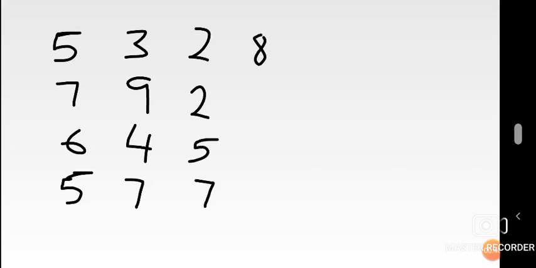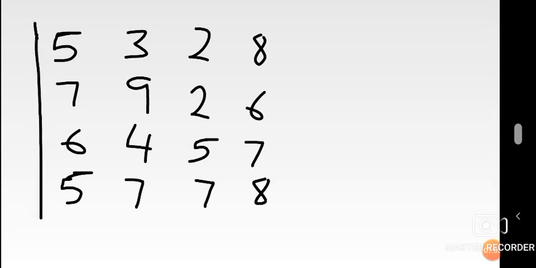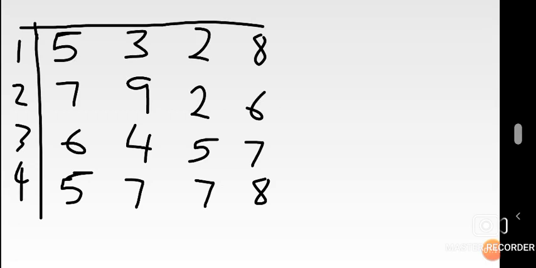Then here 8, 6, 7, 8. So these are possible allocations to various jobs that can be available. Something like that. So you can have job 1, job 2, job 3 and job 4.